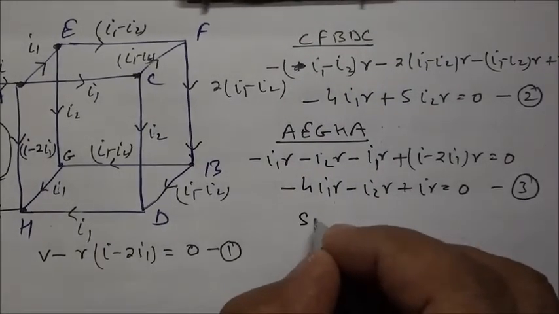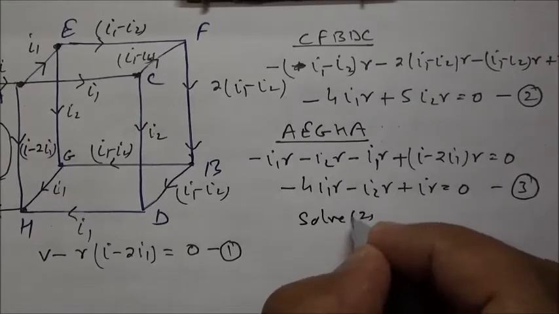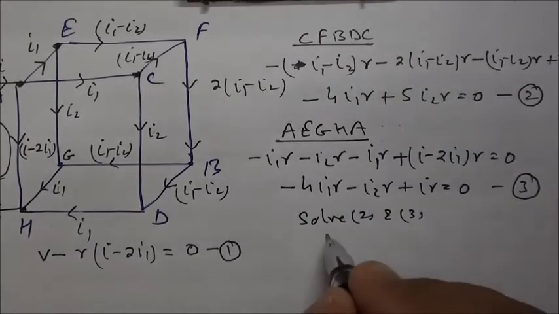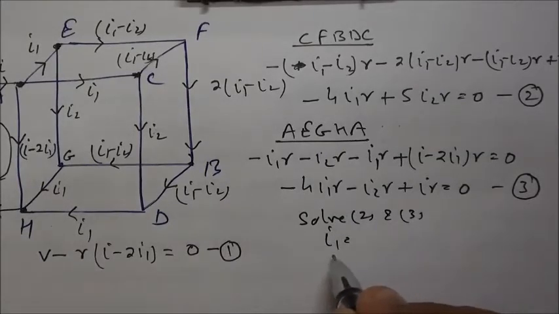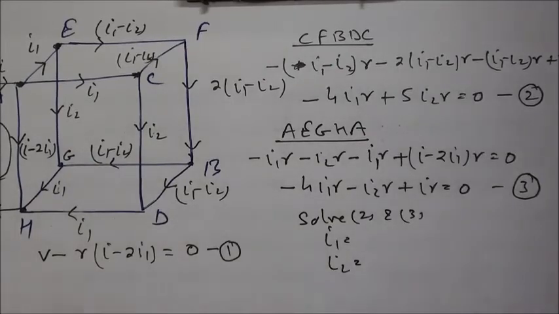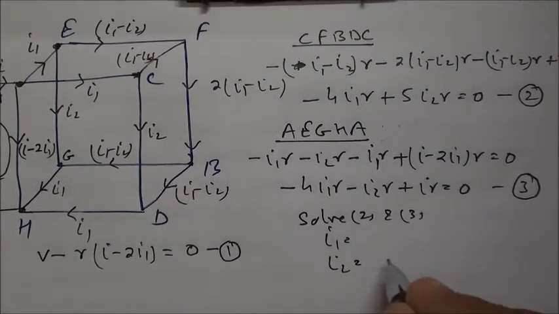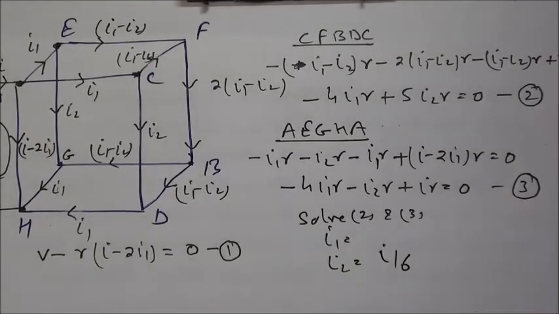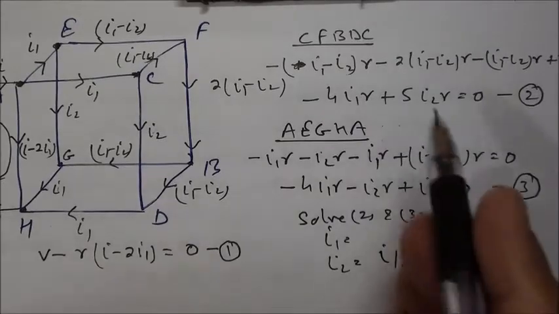Now solve equation 2 and 3 to get the values of I1 and I2 in terms of I. So I2 is I by 6. You can solve these two equations.